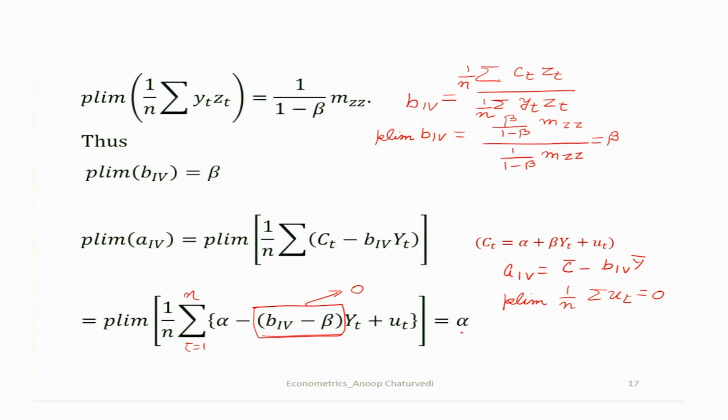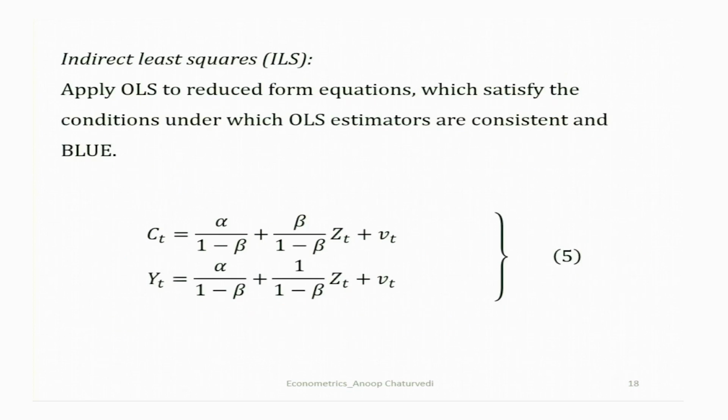So, you get the probability limit of A_IV equal to alpha. So, now both A_IV and B_IV are consistent estimators of alpha and beta. Then using the same example, we explain the method of indirect least squares.